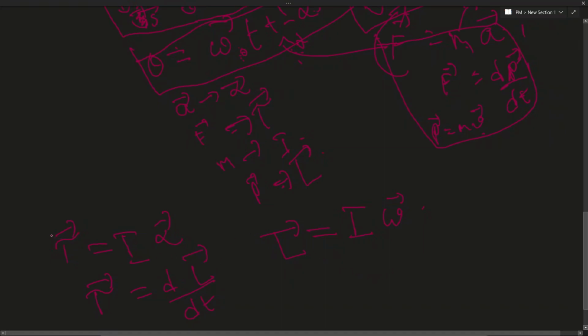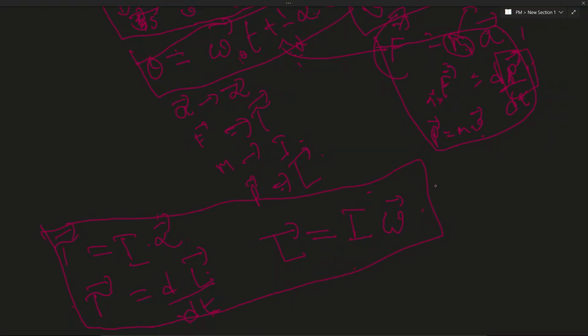Now the thing is, after observing all these, we came to know that all of these were true for rotational motion, and basically this gives us a lot of information.